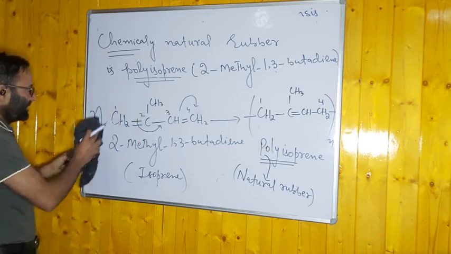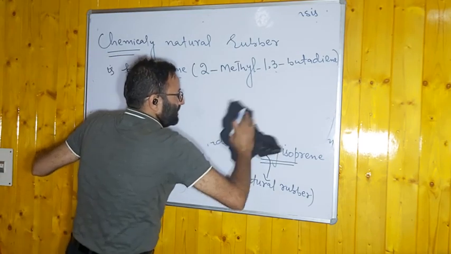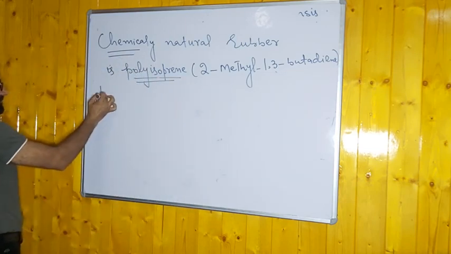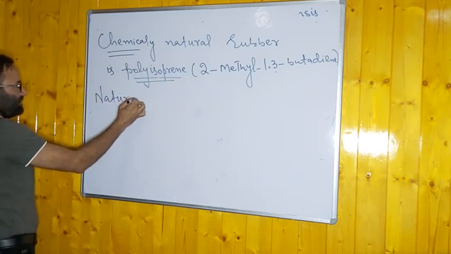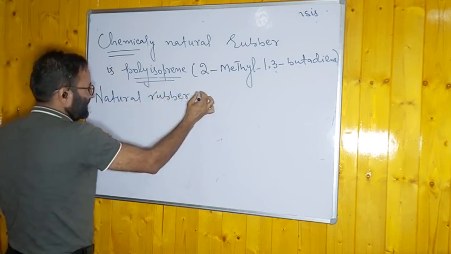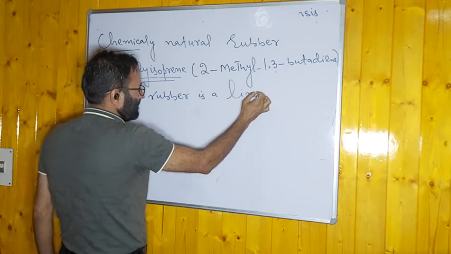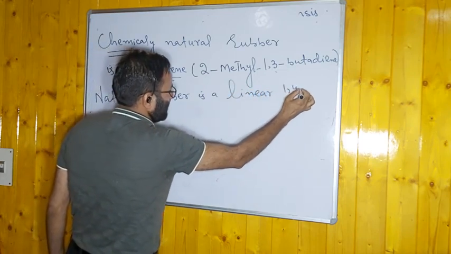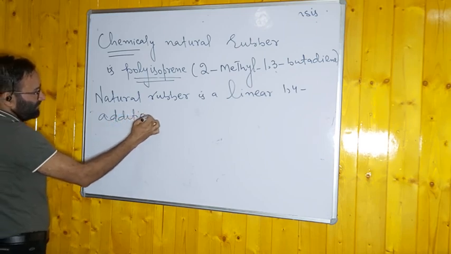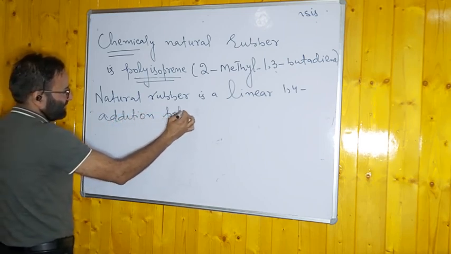Remember this point. You can say natural rubber is a linear 1,4 addition polymer. You have to mention this.